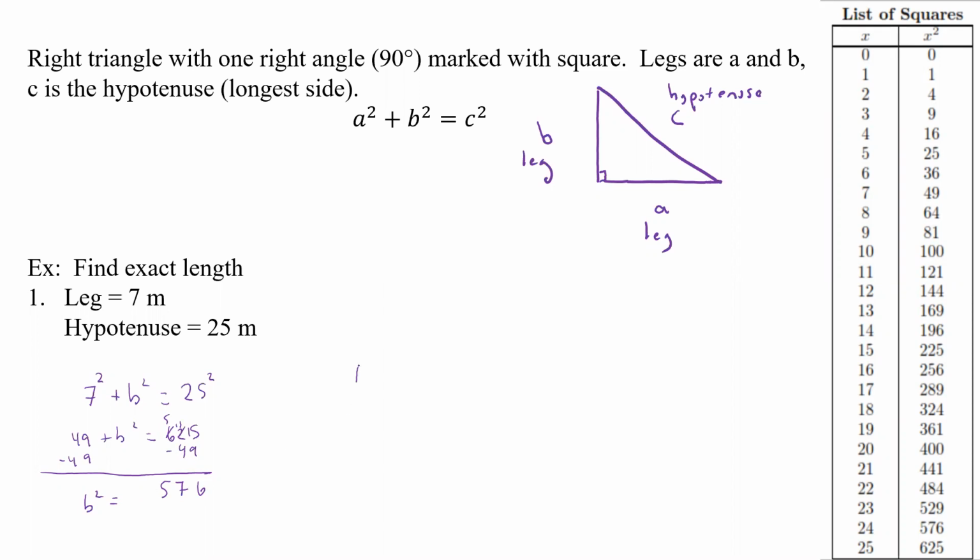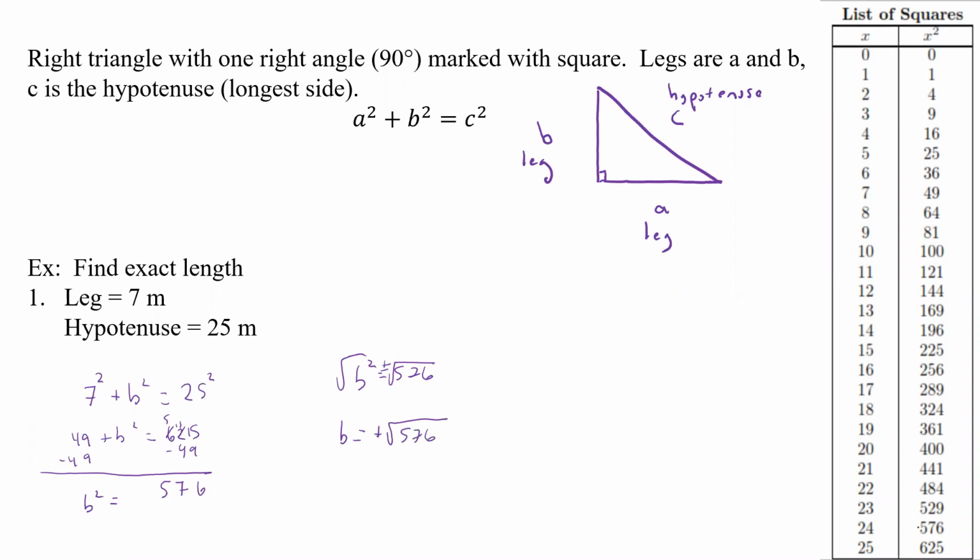And so what we want is b. So b squared equals 576, so we want the square root of that, plus or minus the square root. Now here we have to think about it. If we're having a leg or a distance, can we have a negative? Not really. So always when we're looking at distances, we're really just going to have the positive square root. So that's going to be the square root of 576.